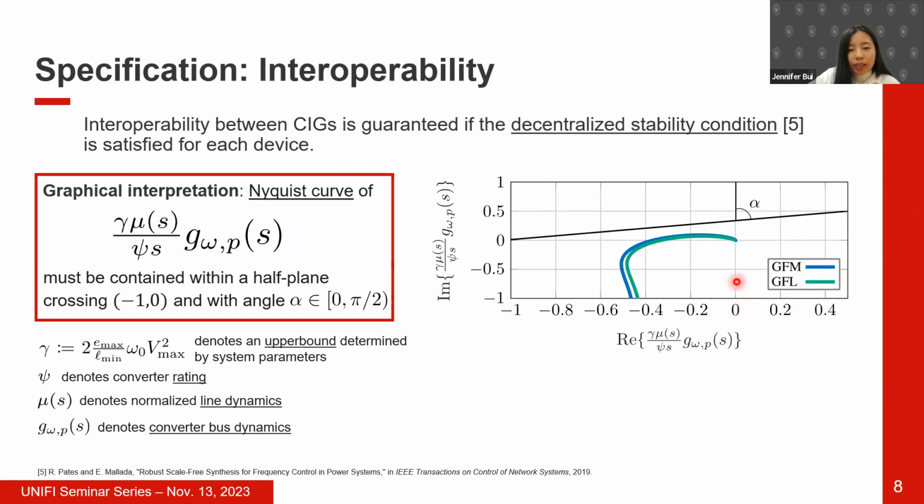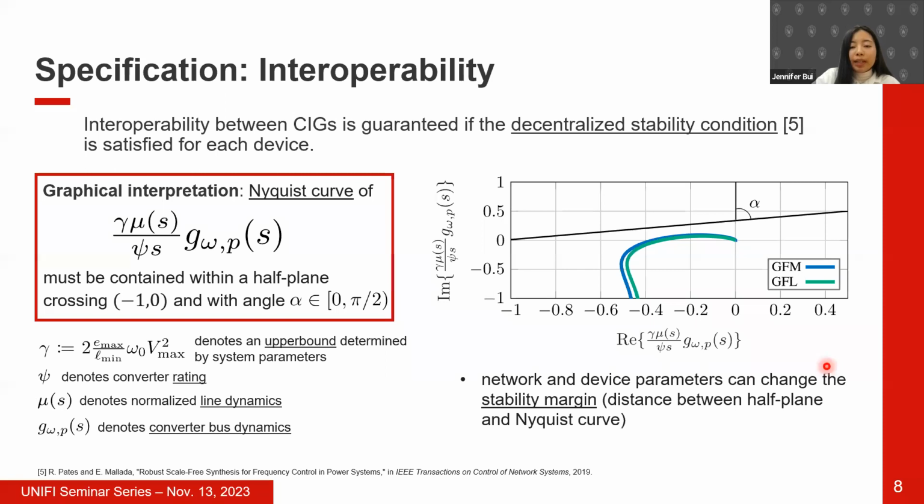As you can see here, these two curves exist within this half plane that crosses -1, 0 and has this angle alpha between 0 and ½ pi. And so with the network and device properties used to obtain these curves, we are able to guarantee the interoperability between these two devices.